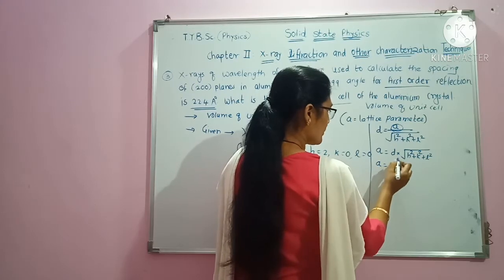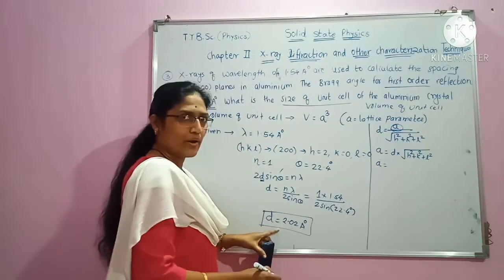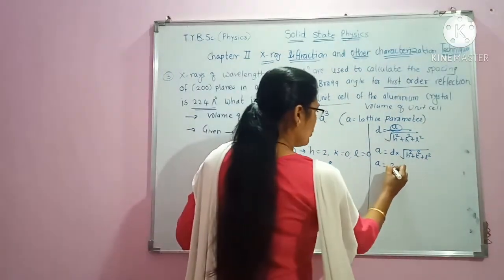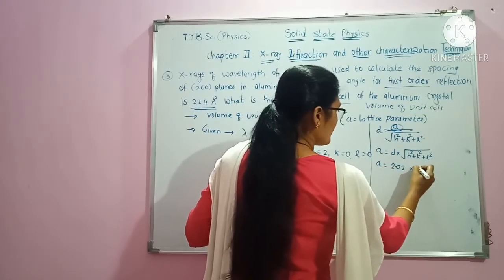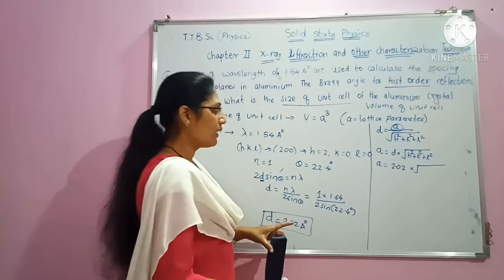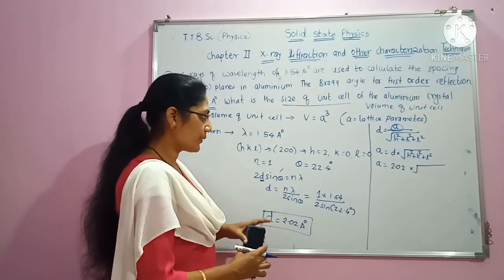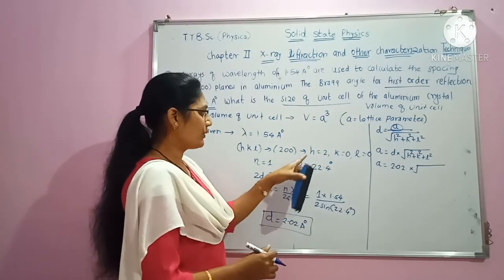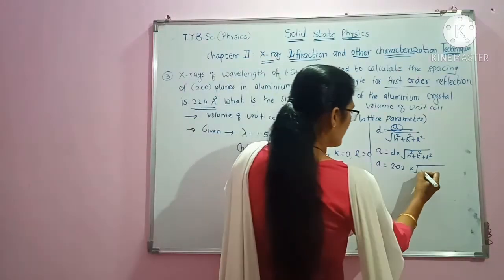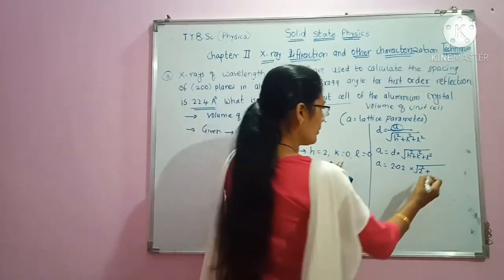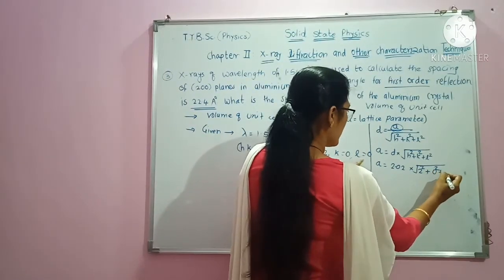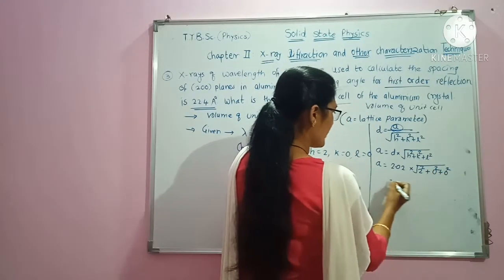So a is equal to the value of d we just calculated, 2.02 angstrom, into the square root of h value 2, that is 2 square, plus k value 0, 0 square, plus l value 0, 0 square.